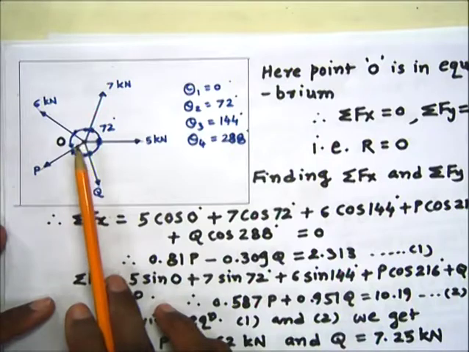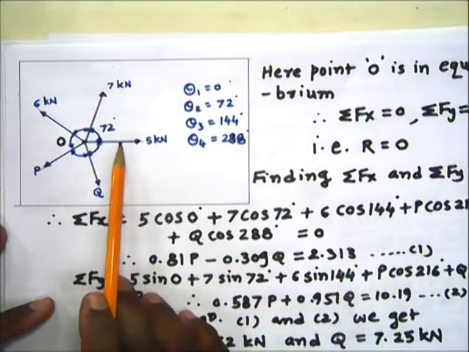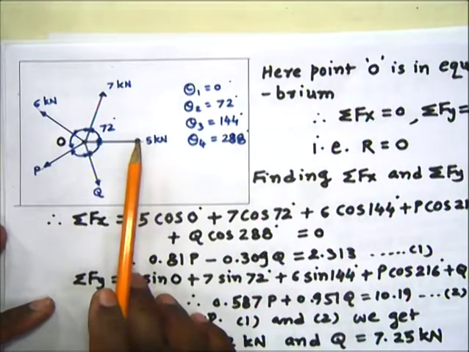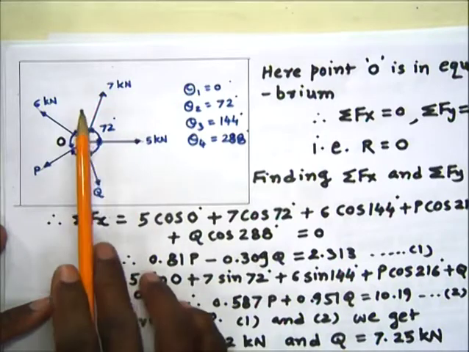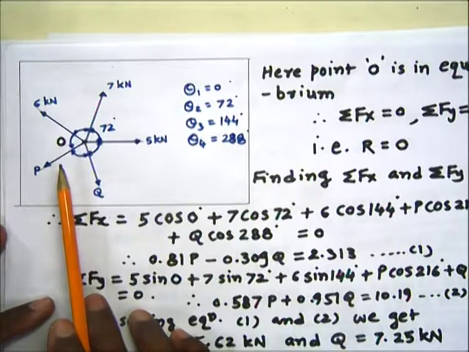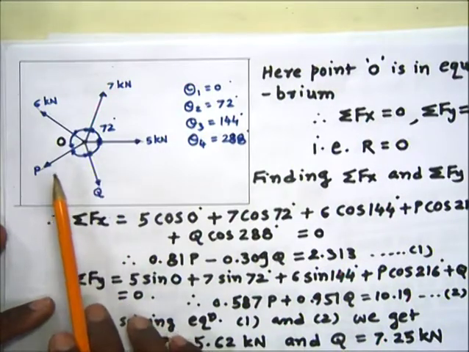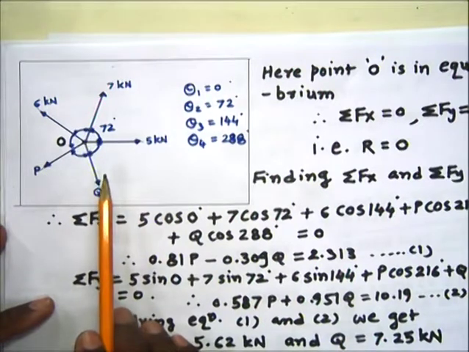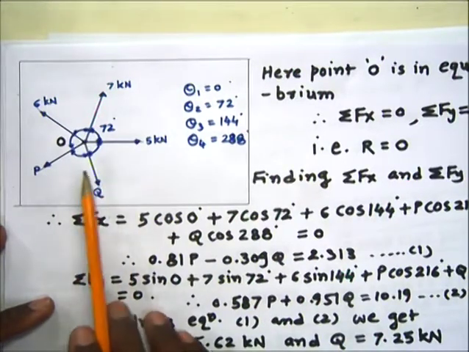On the point O, there are 5 forces: 5 kN, 7 kN, 6 kN, and the 4th and 5th forces, P and Q respectively, which are unknown and need to be found.